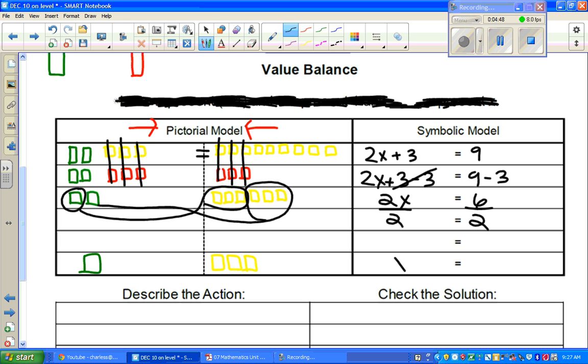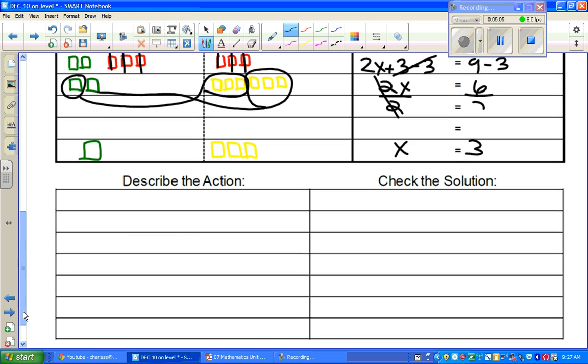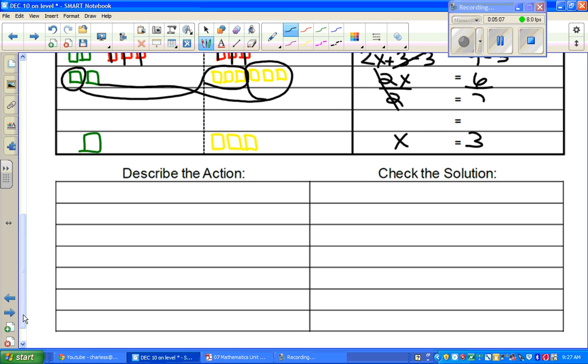The 2 divided by 2 is 1, so we get 1x. 6 divided by 2 is 3. And that's how you balance an equation using pictorial models and symbolic representation.